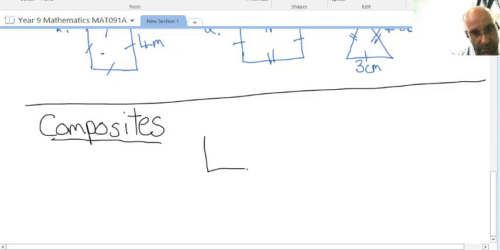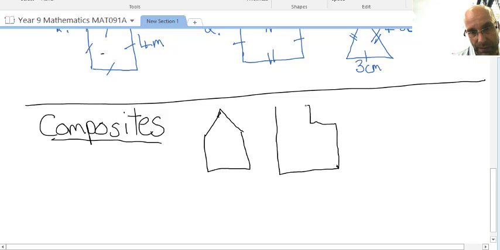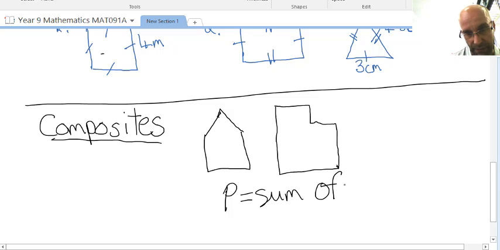So something like the old rectangle with a triangular top on it, or you might have a large rectangle with maybe a smaller one missing from the side, things like that. They're composites, and the idea is still the same. Perimeter is still the sum of the sides, or the distance around the outside, the sum of the side lengths.